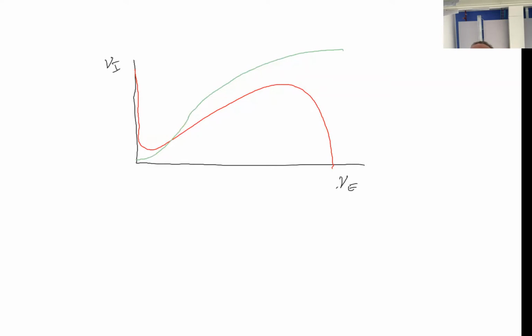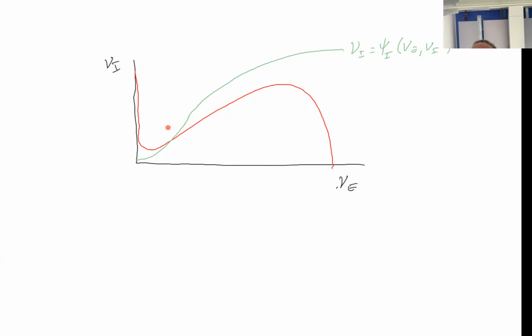This line is by definition nu I equals psi I. I'll go back to writing it like this. Okay, that's how that line is defined. So what that means is we're stuck on here. And this is important. That means if nu E increases, so if we're sitting here, if nu E increases, inhibition goes up and drives the network in this direction.